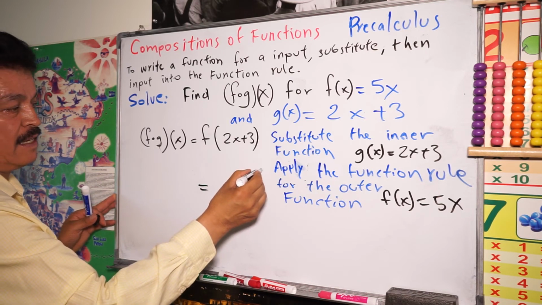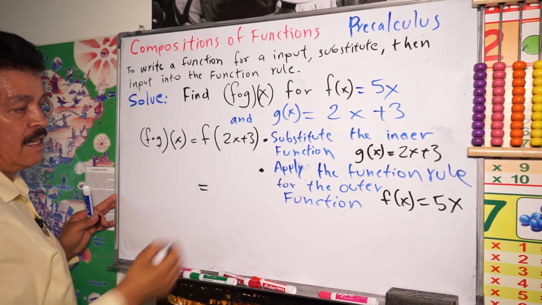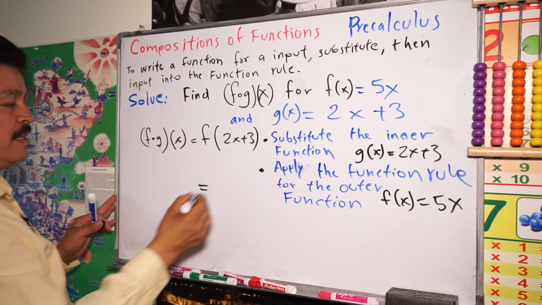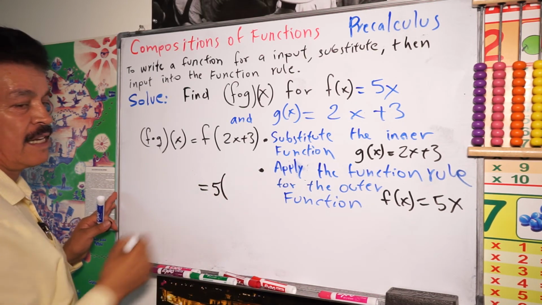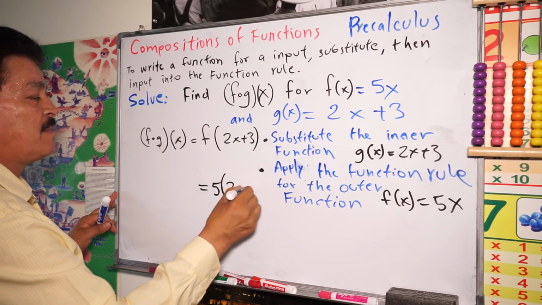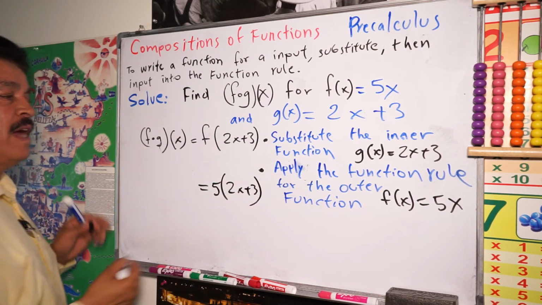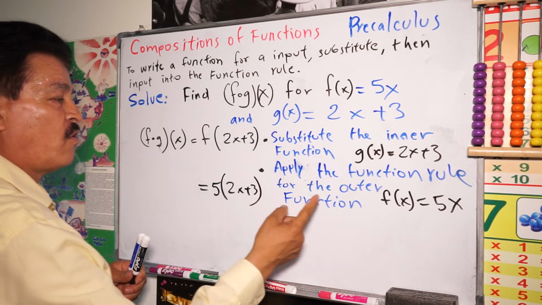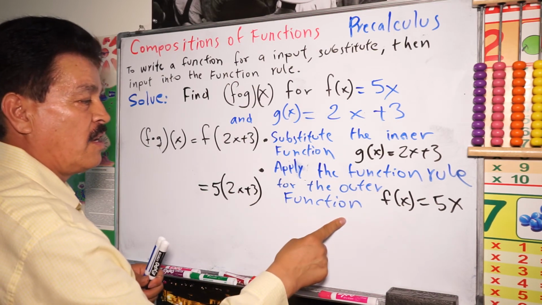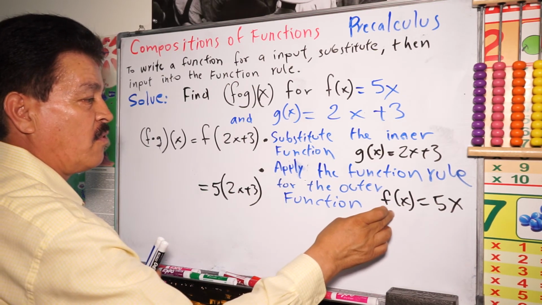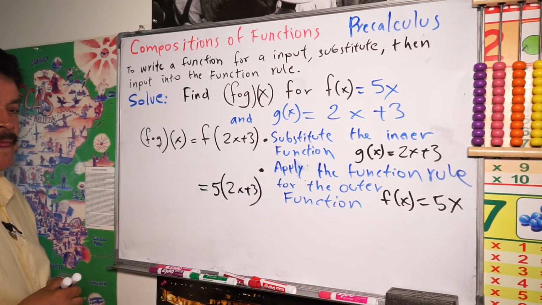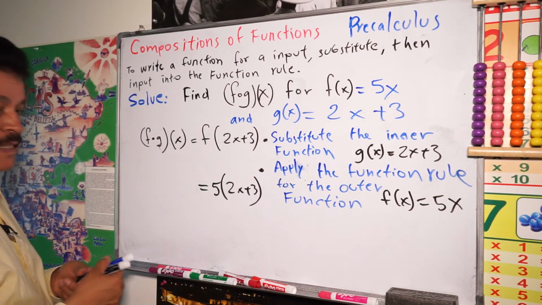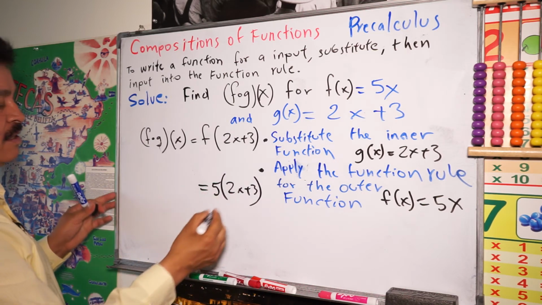This is the step that I did. So it's going to be 5 times 2x plus 3. Apply the function rule for the other function. The other function is f(x) equals 5x. Now the next step is you get the answer.